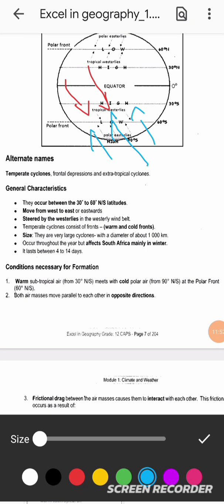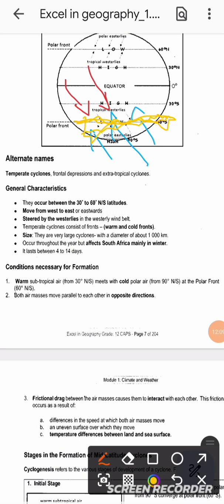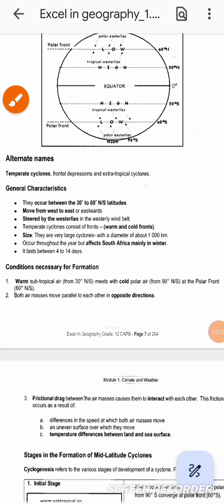At the cold front. Cold front is this one. I mean the polar front is this one. You know, a front is a zone which separates two different air masses. So both air masses move parallel to each other in opposite directions.